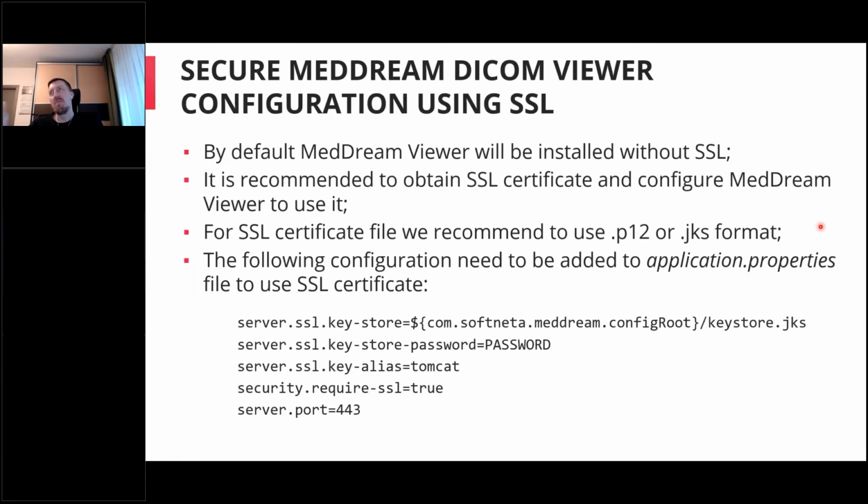By default, it could be the path where MedDream is installed, and you would need to add these settings to the MedDream application properties: the path where the actual certificate is stored, the password, the alias, which usually is the host name, or sometimes it could be different, but you need to have the correct alias, and of course port 443, which is the default port for HTTPS.